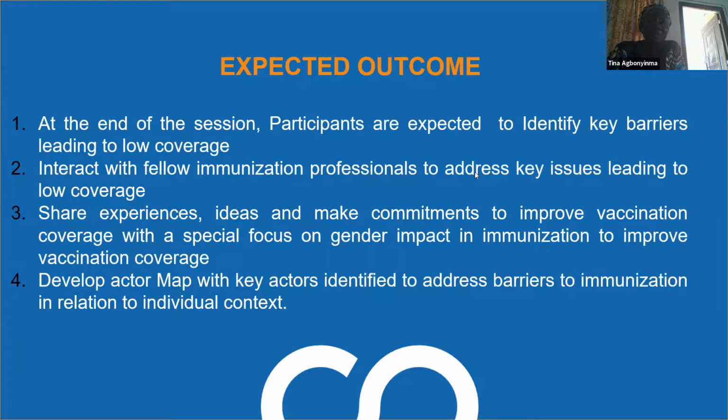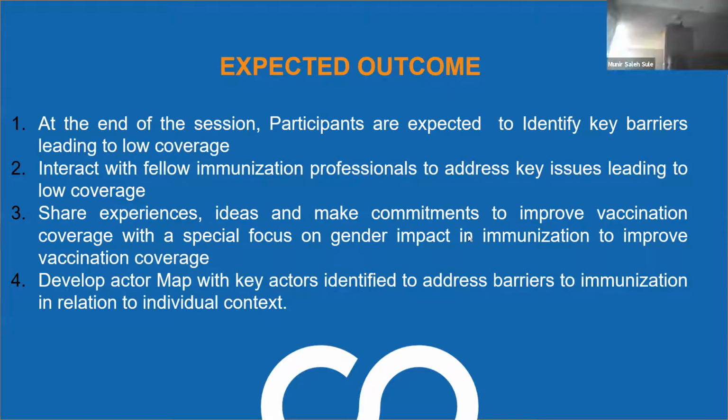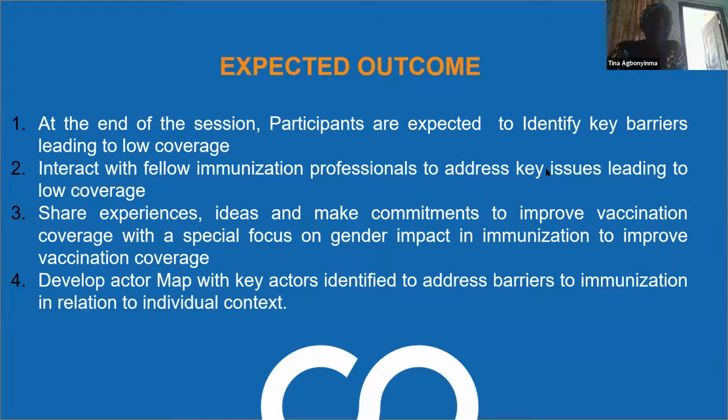Expected outcome. So at the end of this session, the participants are expected to identify key barriers leading to low coverage, interact with fellow immunization professionals to address issues that are leading to low coverage, share experiences, ideas, and make commitments to improve coverage with a special focus on gender impact in immunization to improve vaccination coverage.